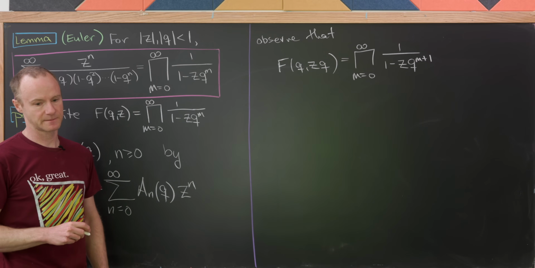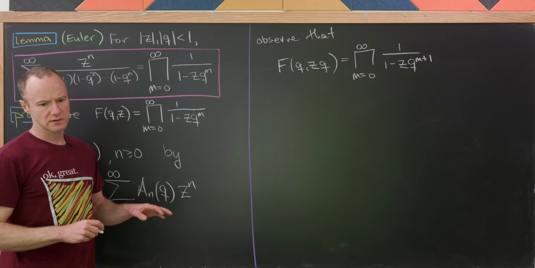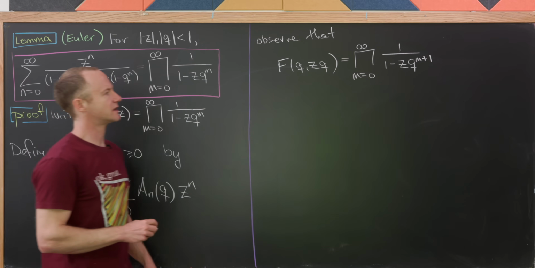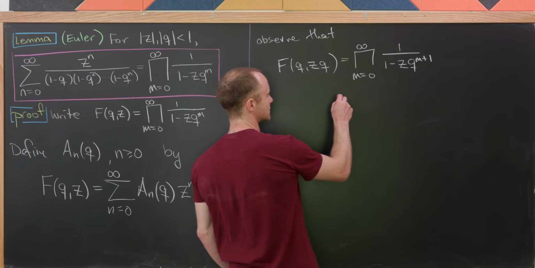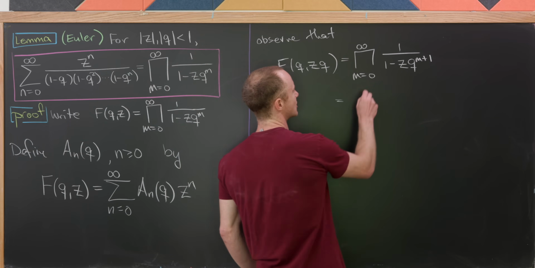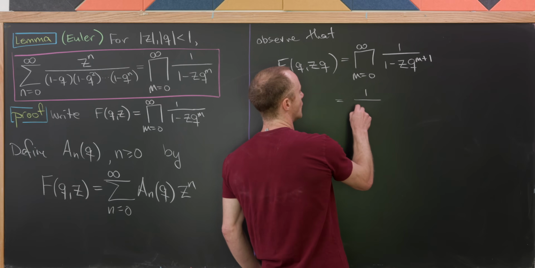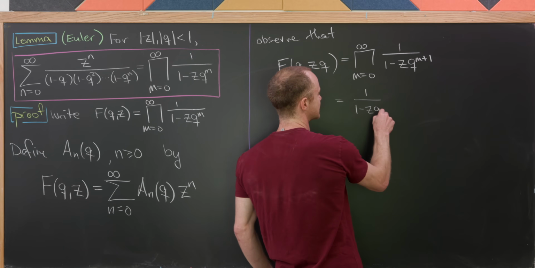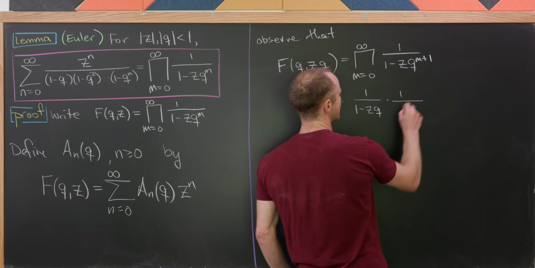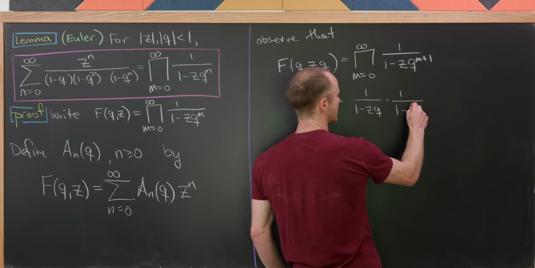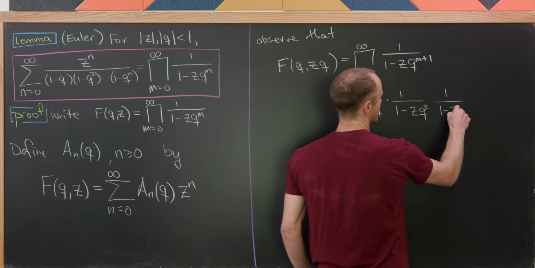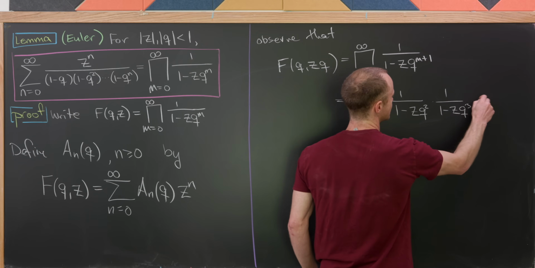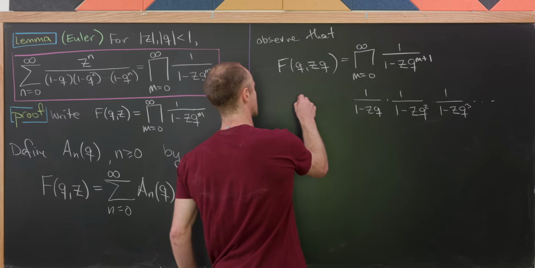But now let's observe the following. This is an infinite product, and where does it start? It starts at 1 over 1 minus z times q. And then after that, we have 1 over 1 minus z times q squared. After that, 1 over 1 minus z times q cubed, and so on and so forth.